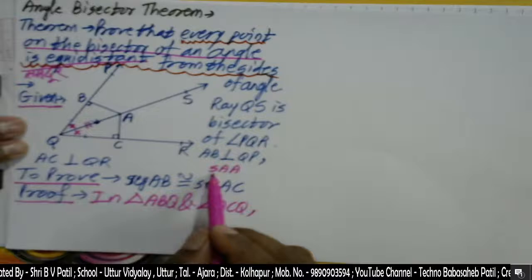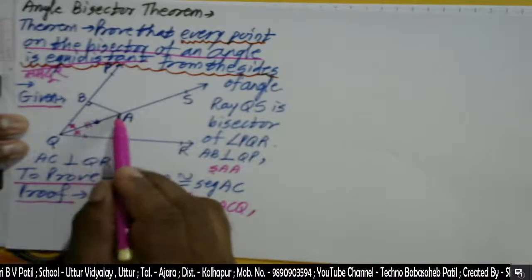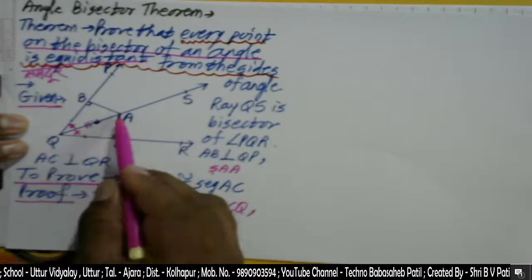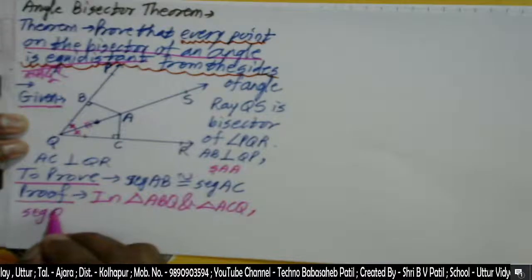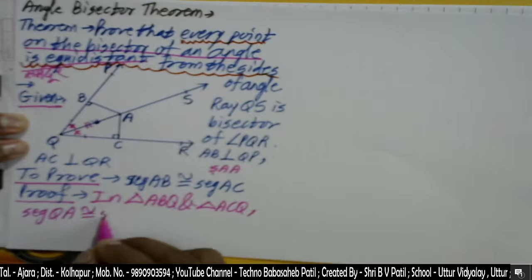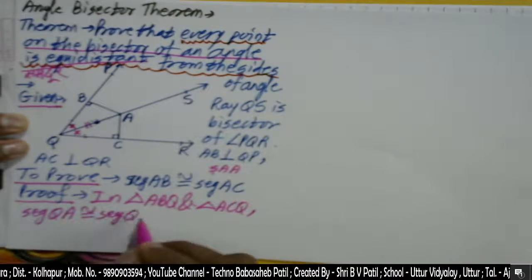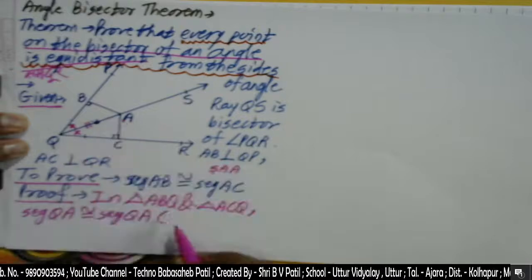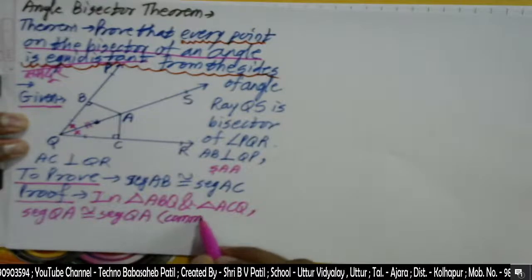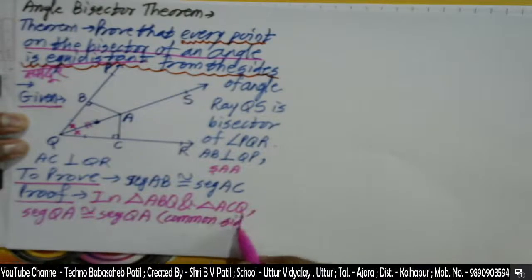First we write, that is side, segment QA congruent segment QA. And reason is this is common side.